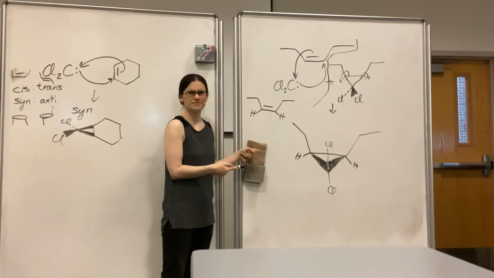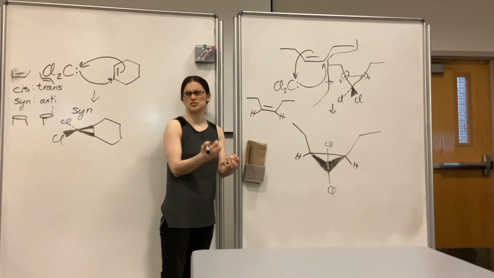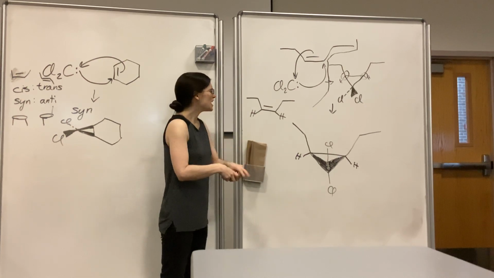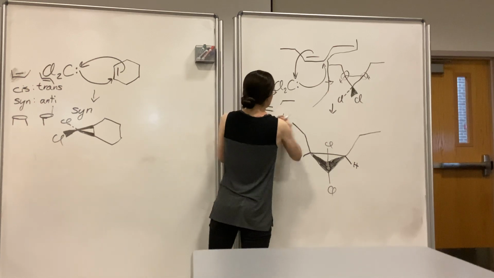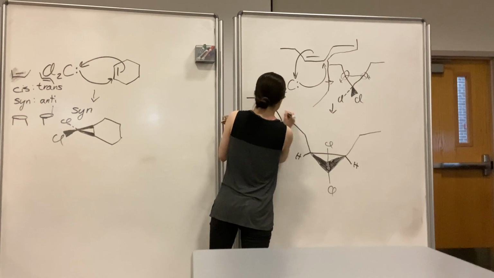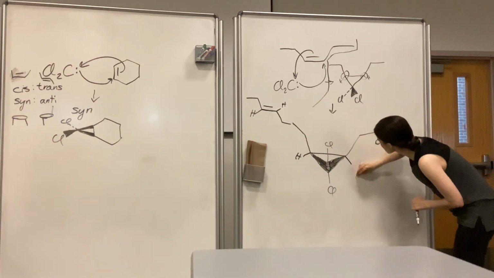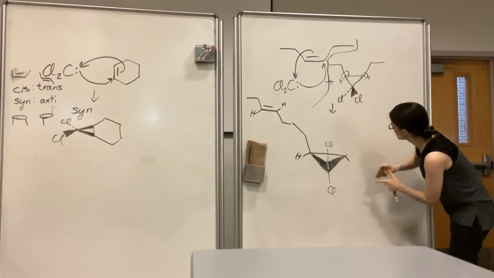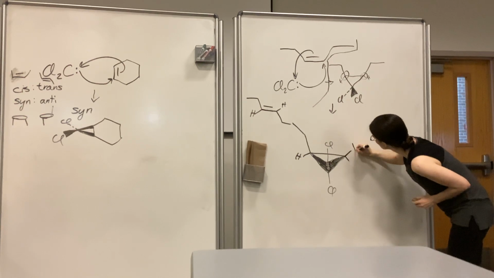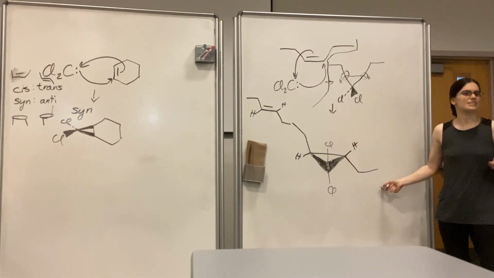Yeah? So we don't retain a double bond, but we retain stereochemistry from that double bond. If we had trans here, then our final product would be exactly the same, except it would look like this.